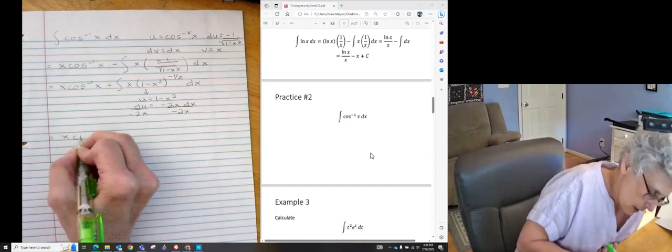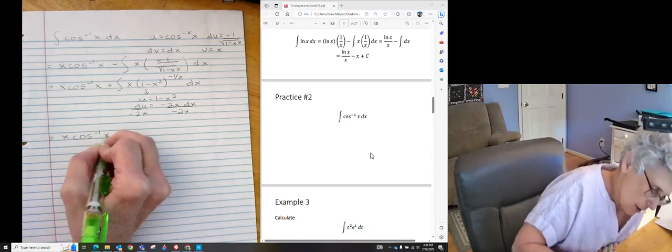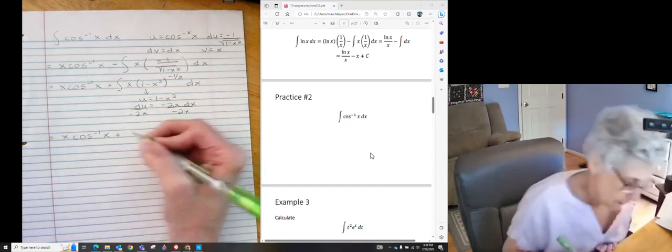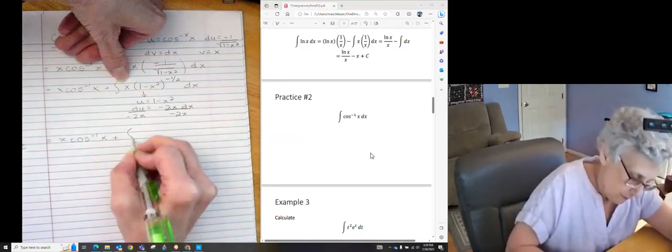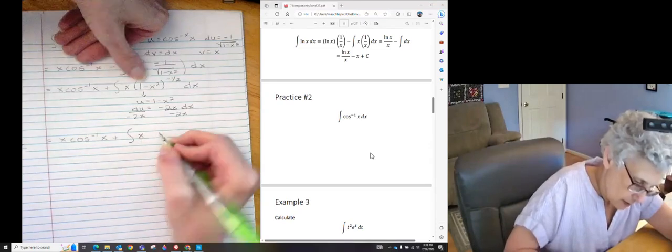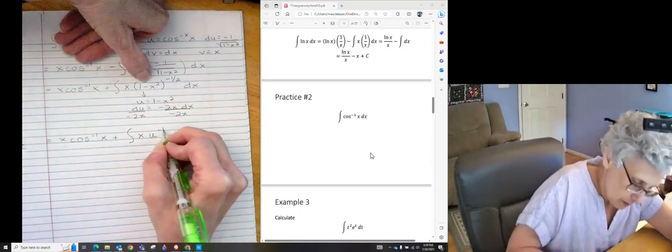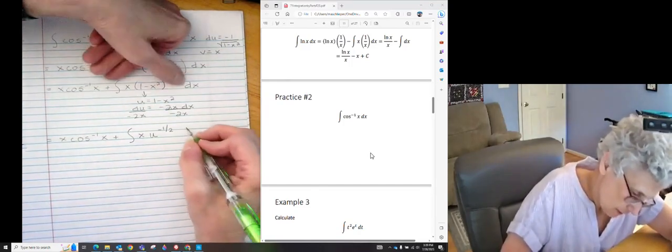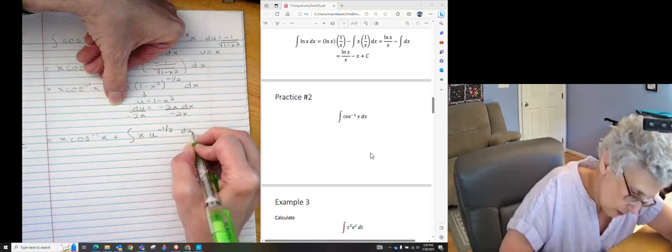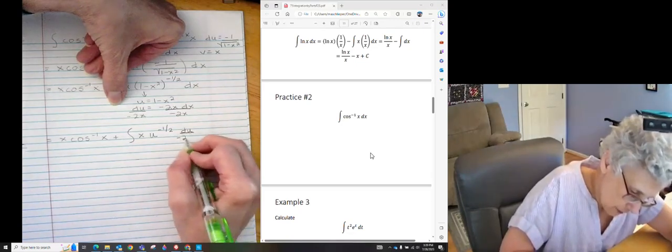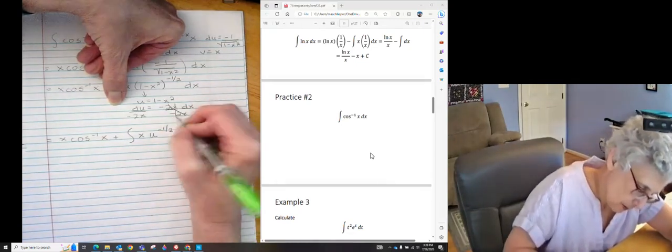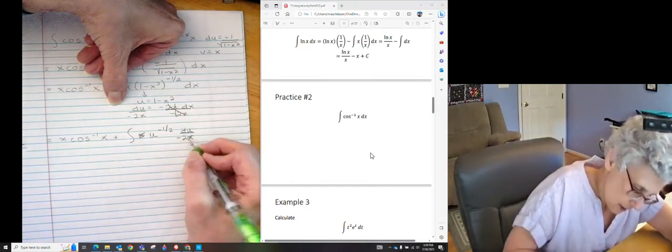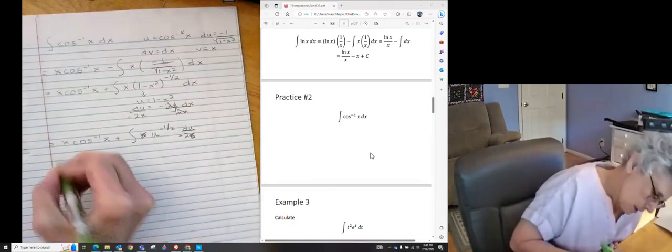So this guy doesn't change at all. I have the integral of x u to the minus 1/2, and then instead of dx I have du over negative 2x. So that x cancels with that x.